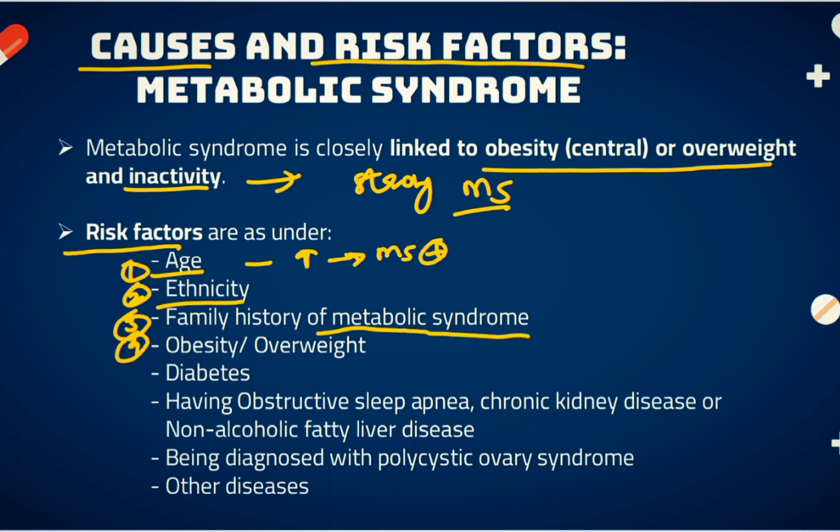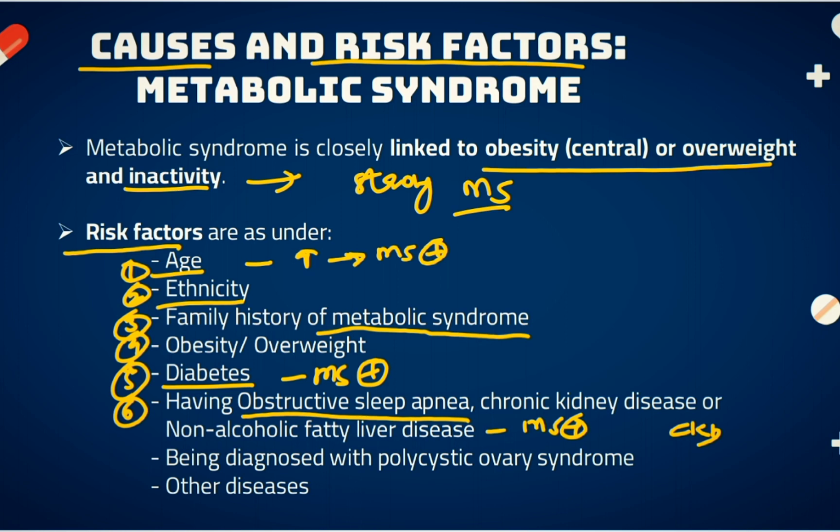About obesity and overweight, we already know that this is a strong risk factor. If a person has already developed diabetes, in such a condition also he is most strongly positive for the metabolic syndrome. Apart from that, there are some other diseases. If any person has such a condition, there is a higher chance to be positive for the metabolic syndrome. Such diseases are obstructive sleep apnea, chronic kidney disease or non-alcoholic fatty liver disease.